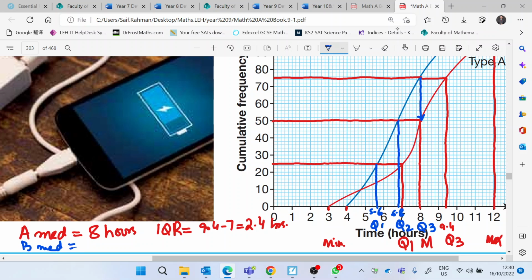The median is 6.8, and the IQR is 8 minus 5.6, no, it's 2.4.